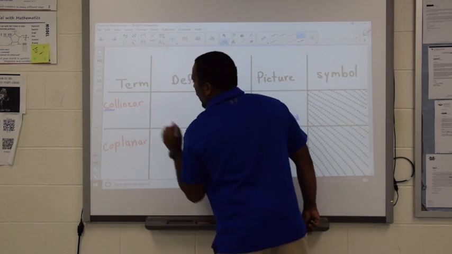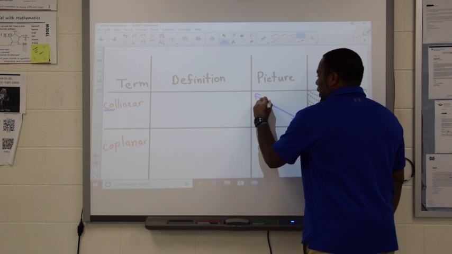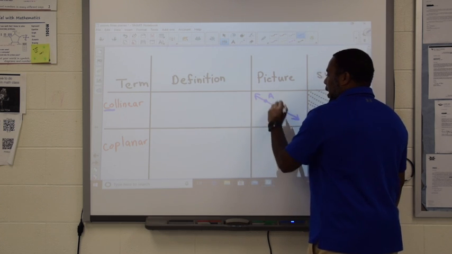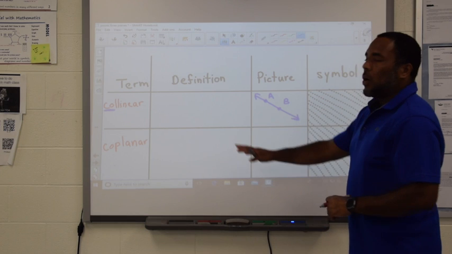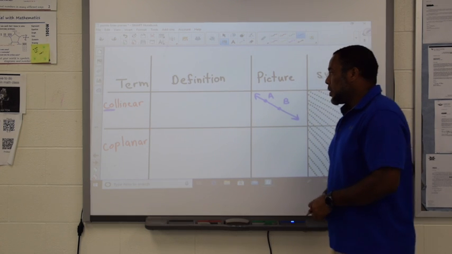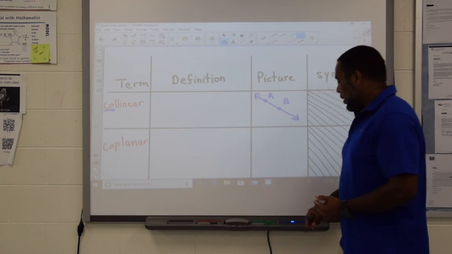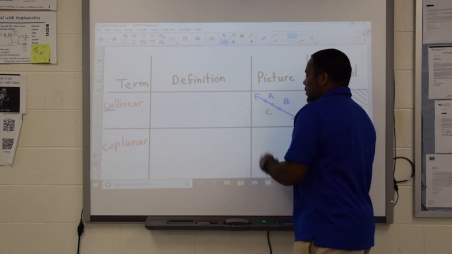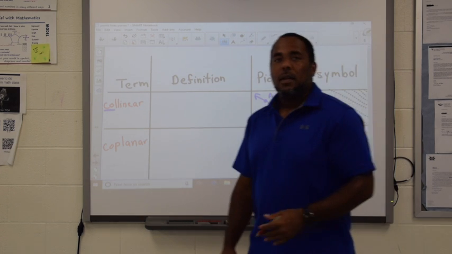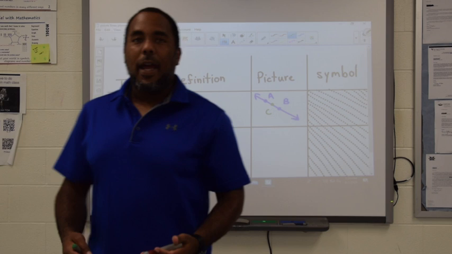So linear being a line, we know that a line has 2 points, points A and B. Collinear literally means points on the same line. So I can introduce a third point, C. C would be collinear to both A and B.